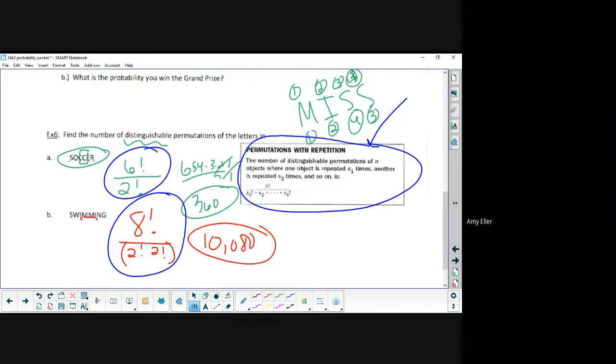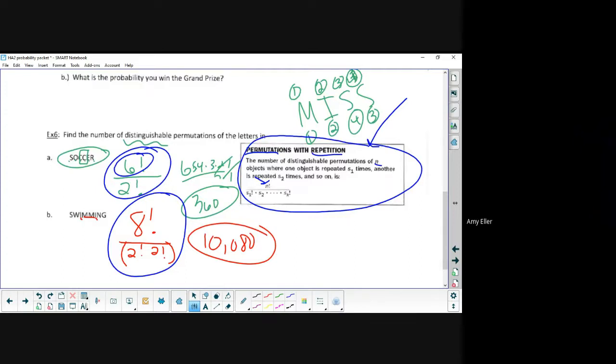Here we go. Permutation, which means order matters, with repetition. I have 2 C's or 2 M's, etc. The number of distinguishable permutations of n objects, 6 objects, where one object is repeated S1 times, another is repeated S2 times, and so on, is blank.